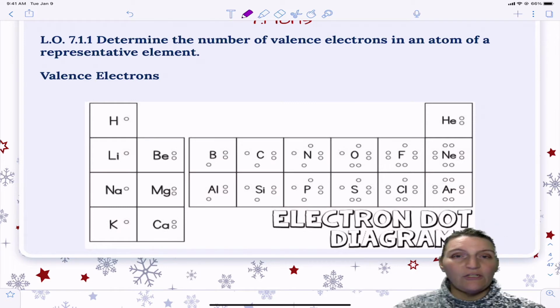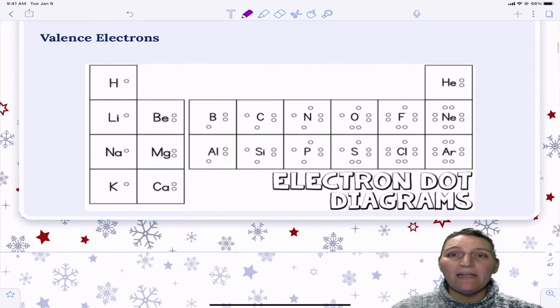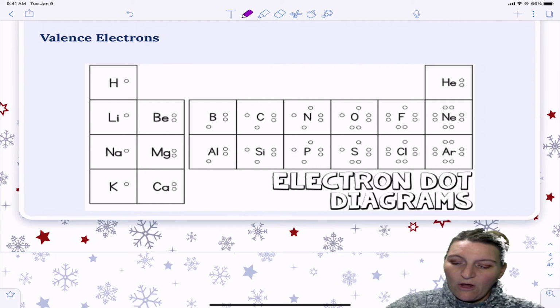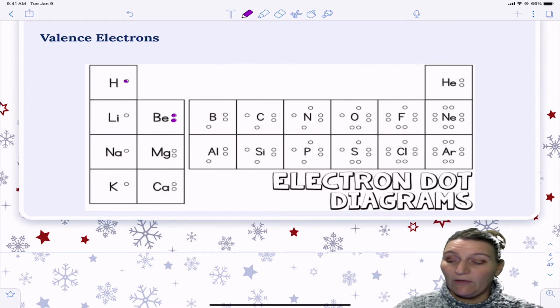So this is just another graphic. You've seen something very similar to this in the past. But here, these are called Lewis dot or electron dot diagrams, where a dot is standing for an electron. So we know that beryllium has 2 valence electrons, so here are just 2 dots representing those 2 electrons.